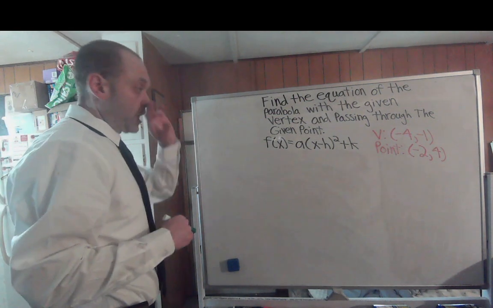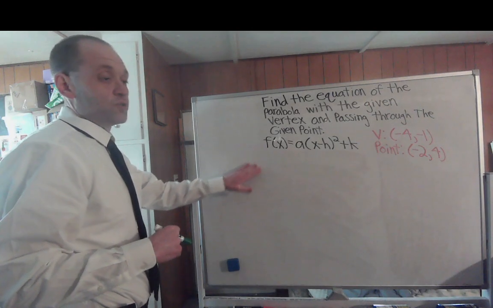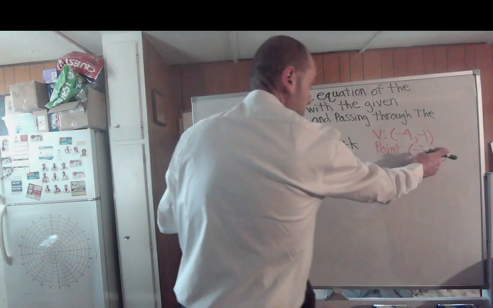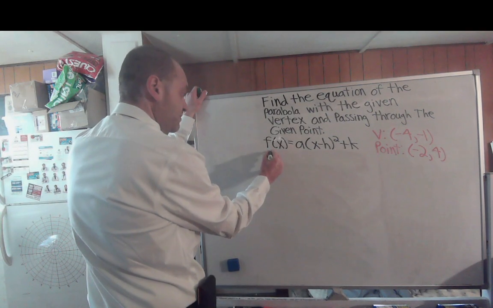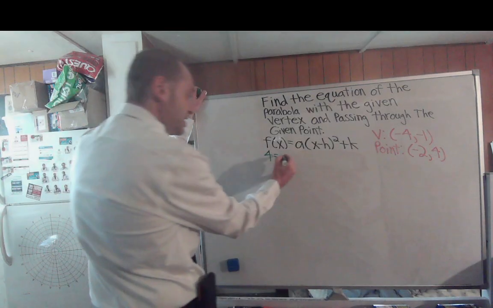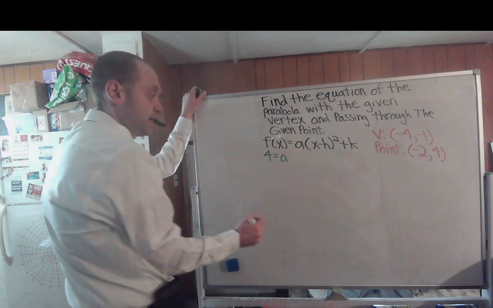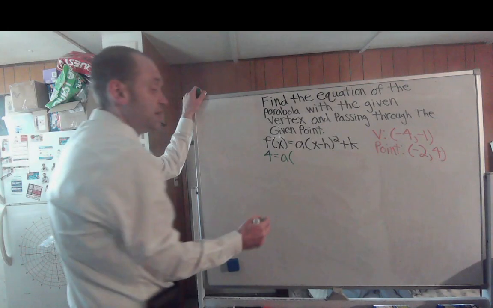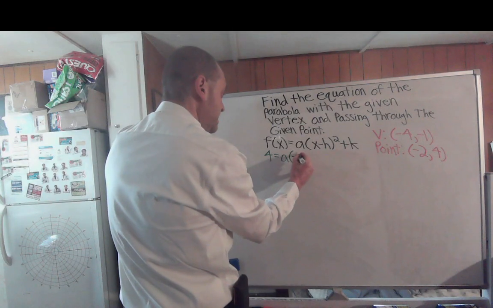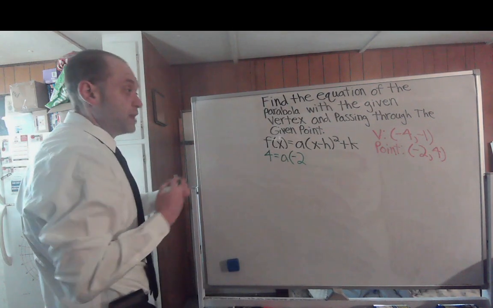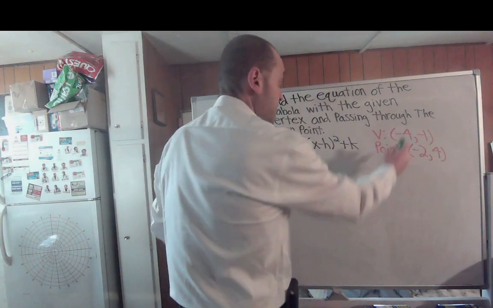So for f of x, in this case, you'll take your y coordinate of the point it passes through, that 4. You'll substitute that in for that y, which is f of x. That's going to equal a, which we just don't know yet, times the quantity of that x, in this case the x coordinate of the point, which is negative 2, minus the x coordinate of the vertex.